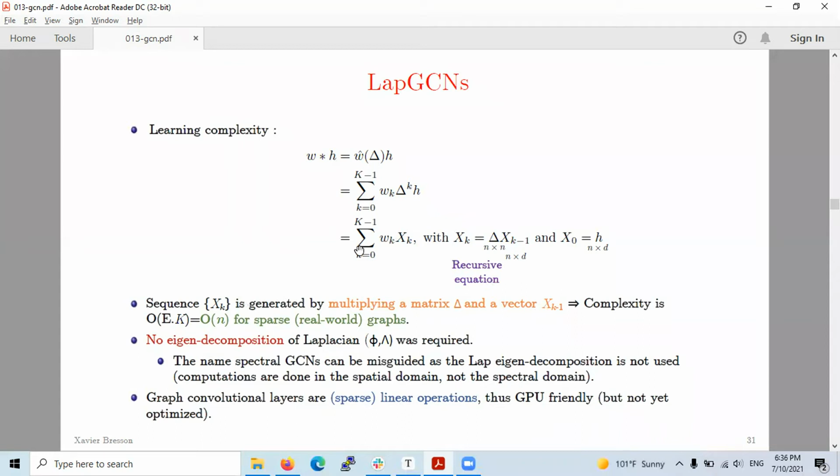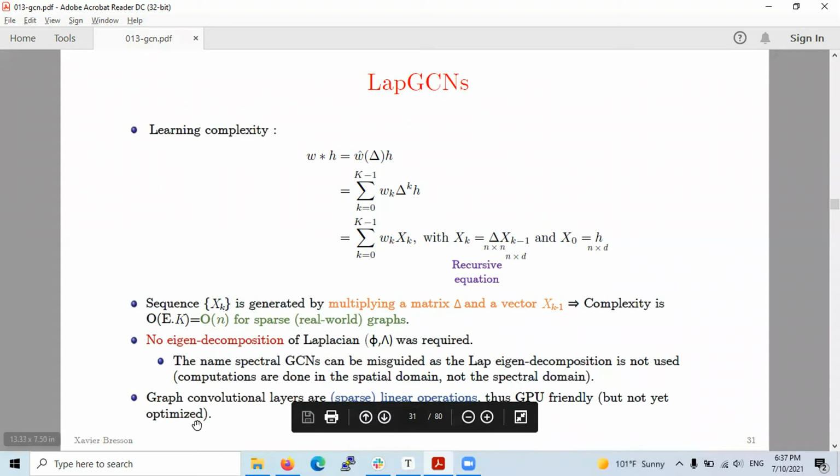So now the complexity is reduced to O of n, in the sense that you are just learning w_k, or effectively K parameters per layer, and the multiplication that follows during the forward pass or the backward pass of this formulation is not n square, but O of n. Okay, so this is what GCN is about.